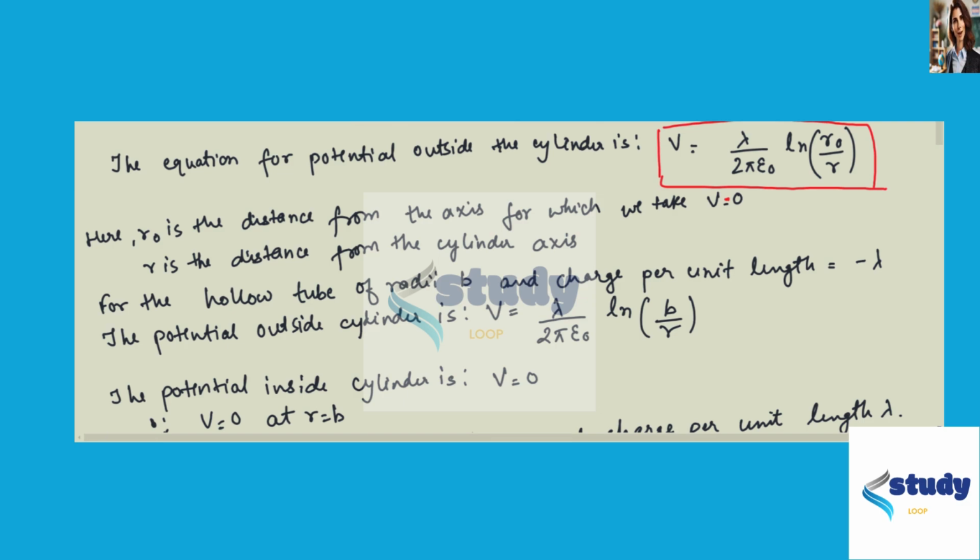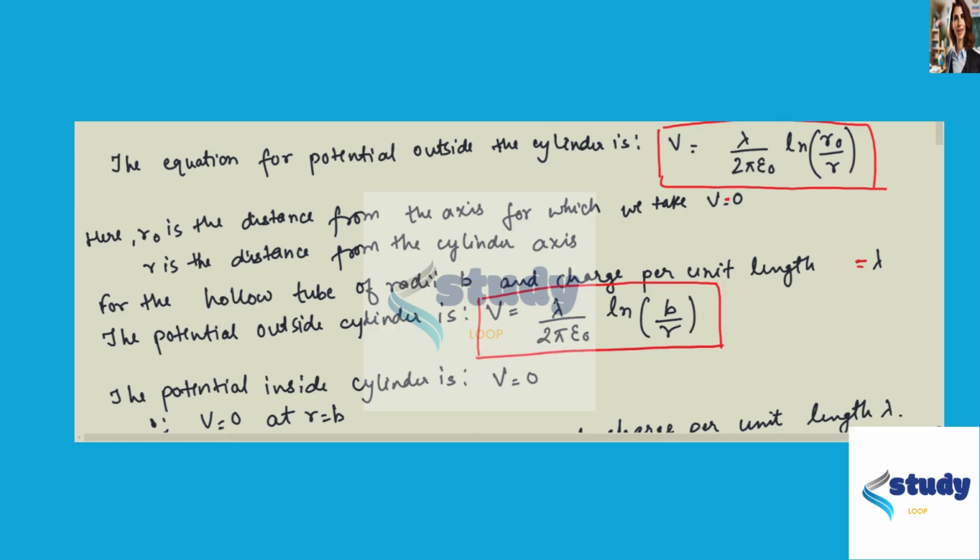So for the hollow tube of radius b and charge per unit length lambda, the potential outside the cylinder is V equals lambda by 2 pi epsilon naught ln b by r.